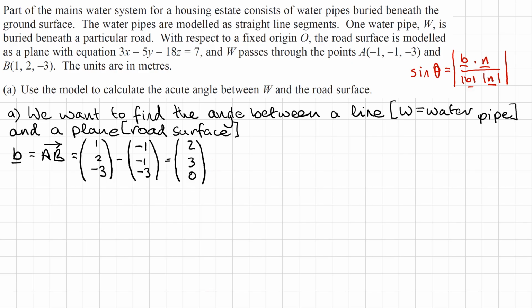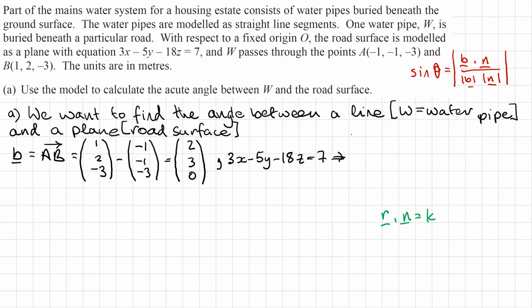Now for the plane, which is written as 3x minus 5y minus 18z is equal to 7. If I can write that in this form, r dot n is equal to k, then here's my normal vector, and it's very easy to do that.